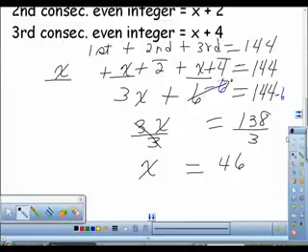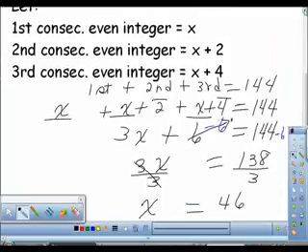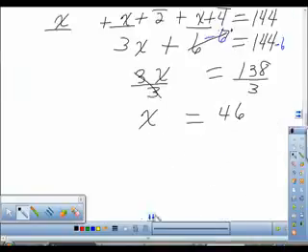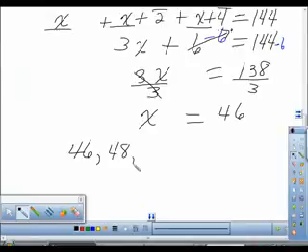Now let's scroll back up for just a minute. There's something I want you to look at up here. When we defined our integers, x stood for which one? First one. And to get the second one, we have to go up by 2. So my first one is 46, then my second one has to be 48, and then my third one would have to be 50, because they went up by 2.